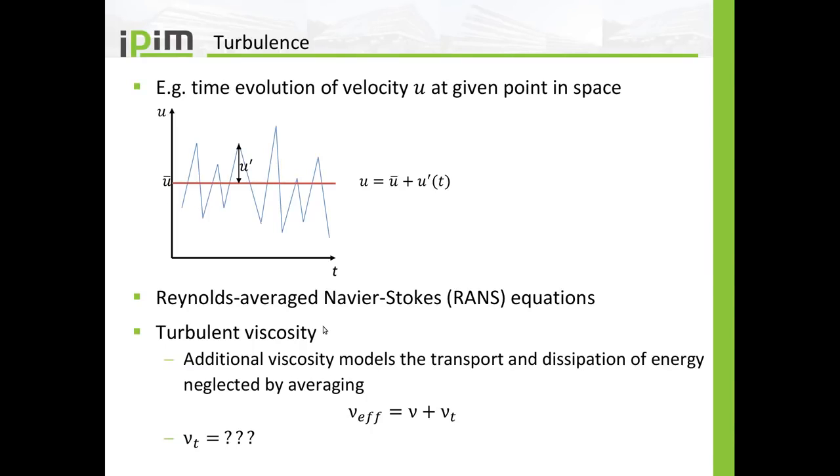It just models the transport and dissipation of energy neglected by setting this value to 0. And in the equations we use an effective viscosity instead of the physical viscosity, which is the sum of your physical viscosity and your turbulent viscosity. And the question is, how do you calculate this turbulent viscosity?